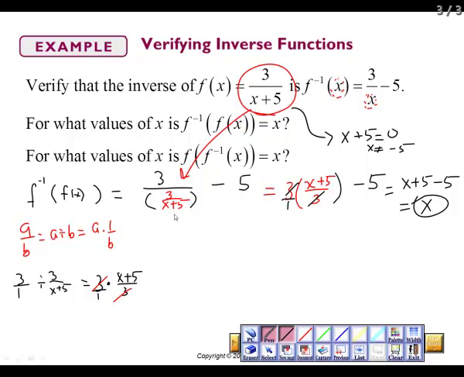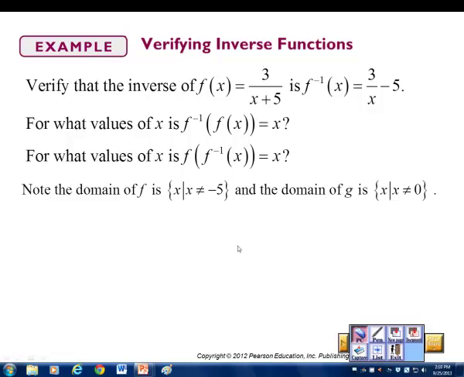And so we could apply that down here too. We cannot have negative 5 here because that would be undefined. And that's what this is. Note the domain of f cannot be negative 5. Domain of g cannot be 0.